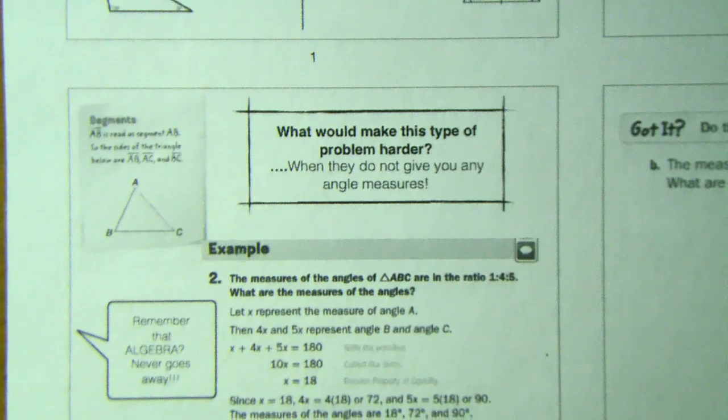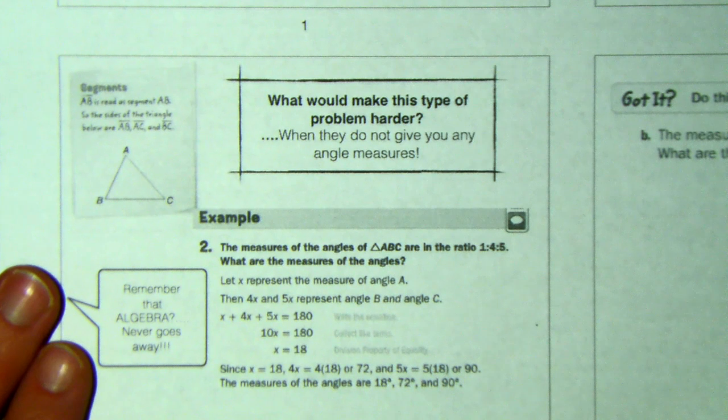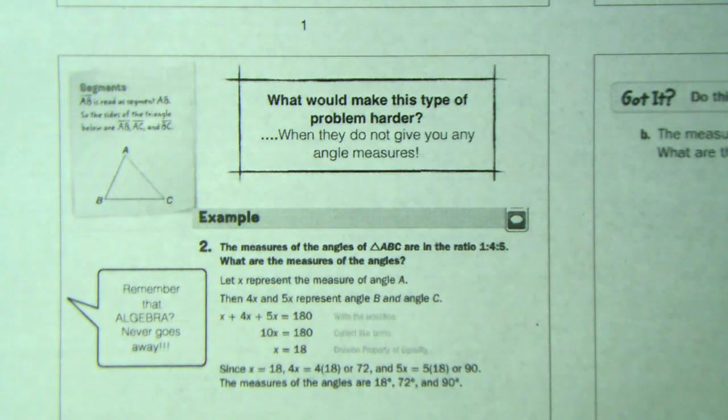Well, it does get a little bit harder, and here's how. So they can give you a question like this and then not actually give you any measures. Okay? So take a look at this example right here. It says the measures of the angles of a triangle ABC are in a ratio of 1, 4, 5. What are the measures of the angles?